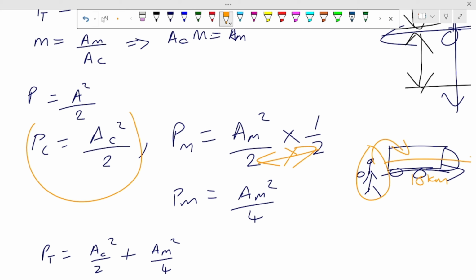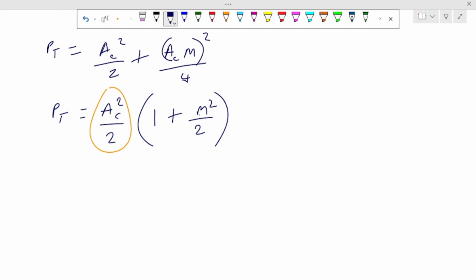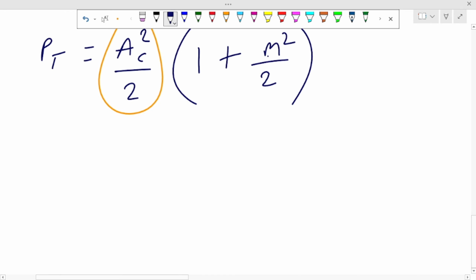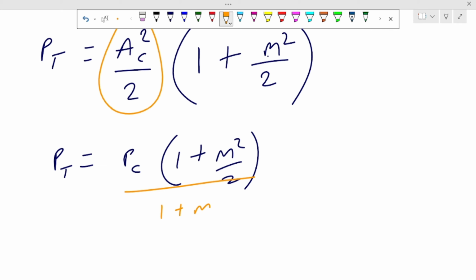So we can come back here and say PT, total power, equals PC times 1 plus M squared over 2, which we can now divide both sides by 1 plus M squared over 2.